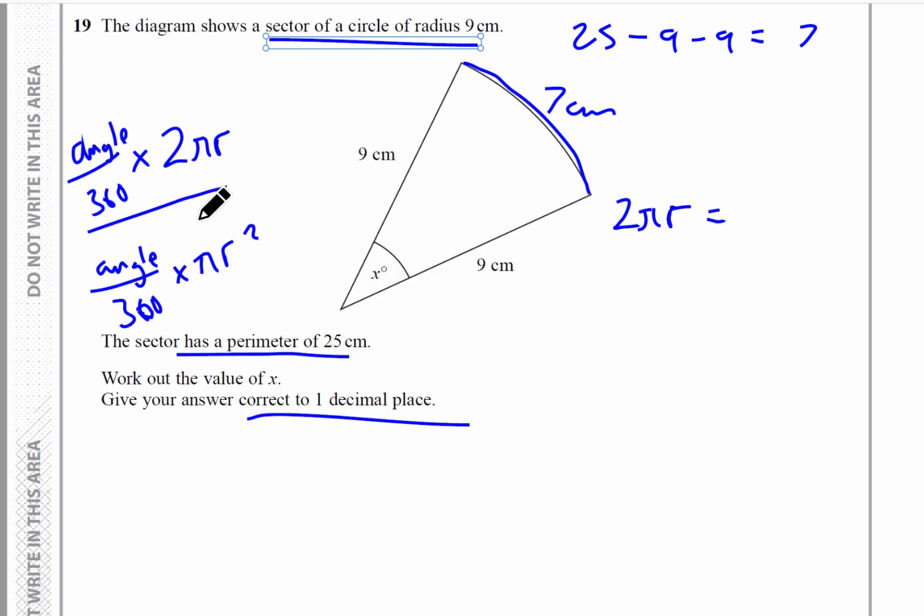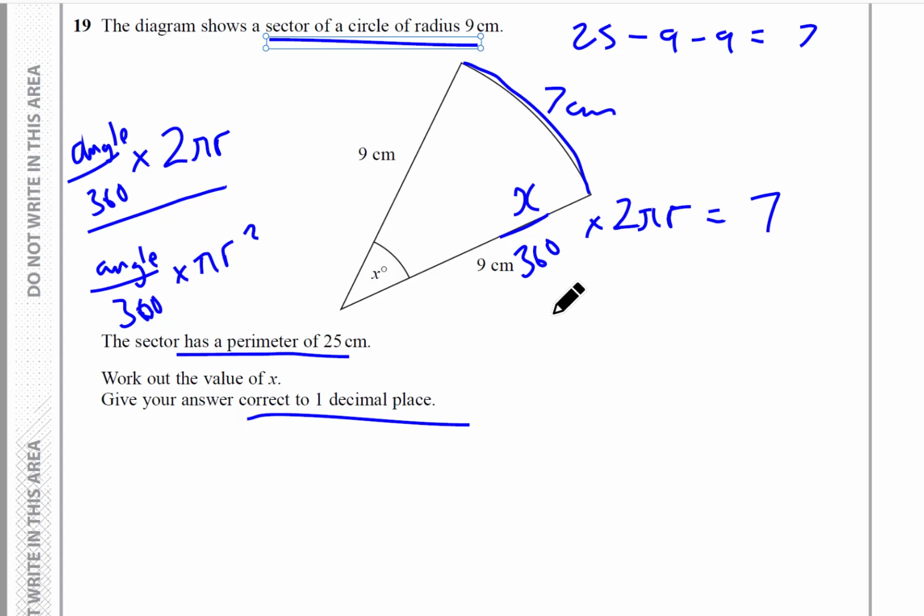So what is 2 pi r in this case? So what we're trying to do is find x. So let's write a formula. We've got 2 pi r, the angle is x. So we're going to write times here. We're finding x. It's got to be over 360, and that gives us that answer of 7. So we should just be able to rearrange that.